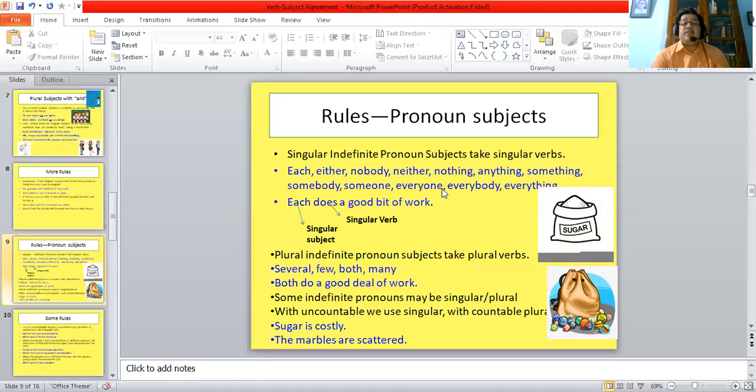With uncountable nouns, we use the singular form, and with countable nouns, we use plural forms. Like sugar is costly, and the marbles are scattered. Sugar is uncountable, so we use the singular form, whereas marbles is countable, so we use the plural form. The marbles are scattered, whereas sugar, being uncountable, is singular. Sugar is costly.